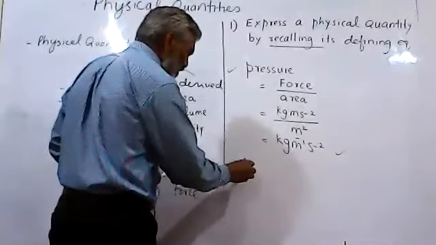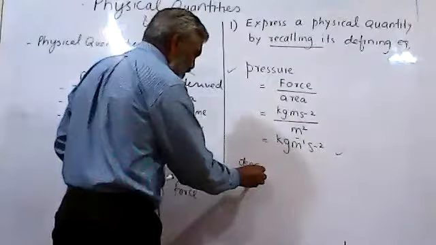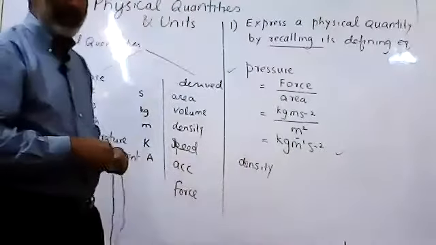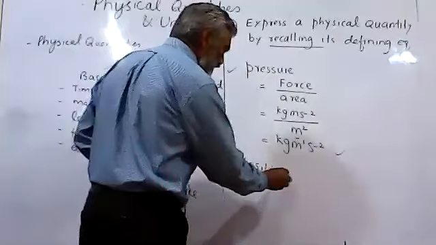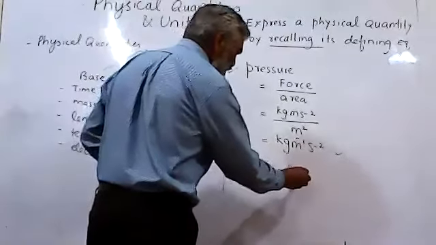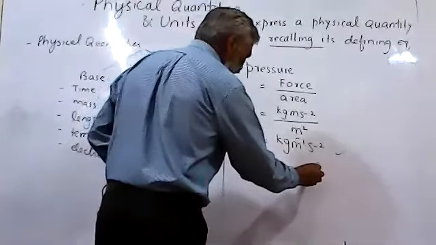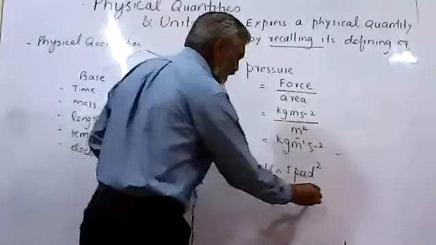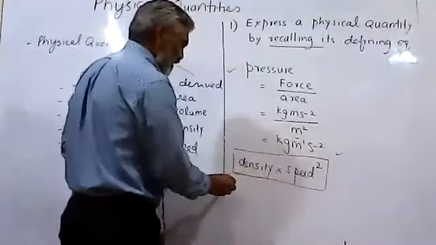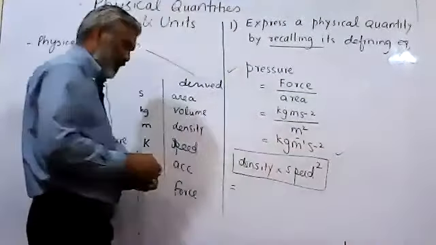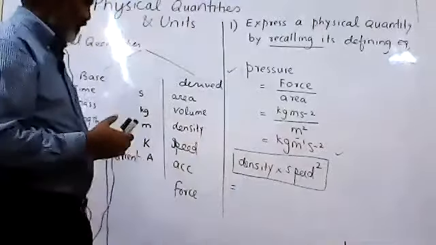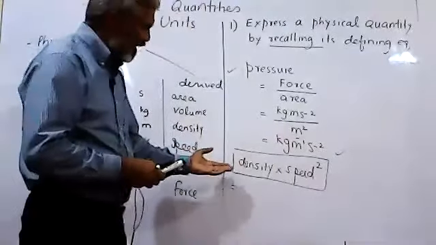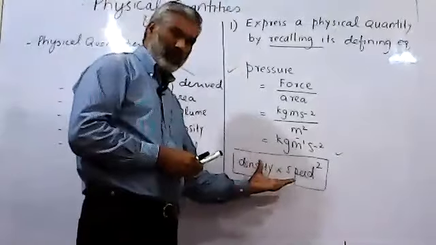Density multiplied by speed square. When density is multiplied by speed square, a certain physical quantity is obtained, and it is not easy to identify just by looking at this product.